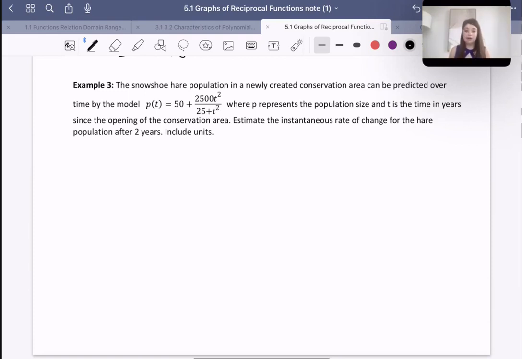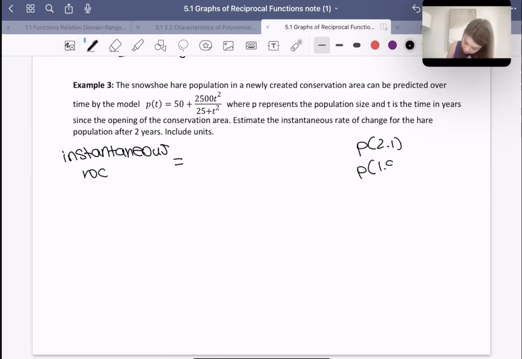Okay, so for this one, for the instantaneous rate of change, we are going to do it for 2, right? So we're going to find P of 2.1 and P of 1.9 and use those as our values just for this estimate.